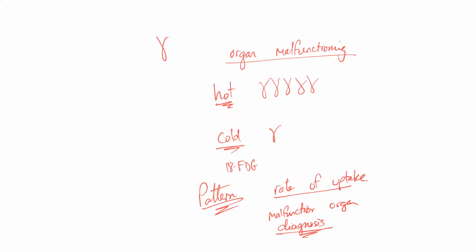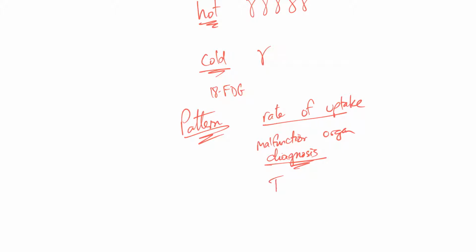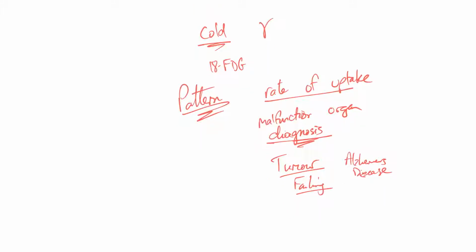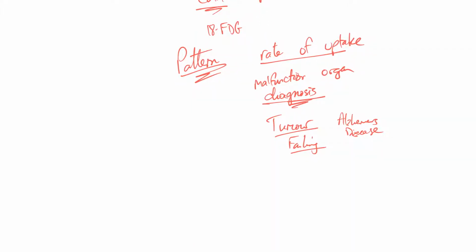Is there an issue? Is there a tumour? Is the organ failing? In the case of the brain, is it Alzheimer's disease? So we can use these radiopharmaceuticals to take advantage of this functioning issue.